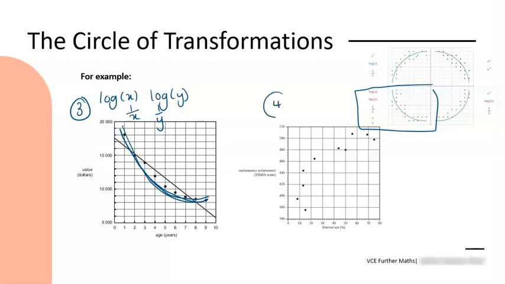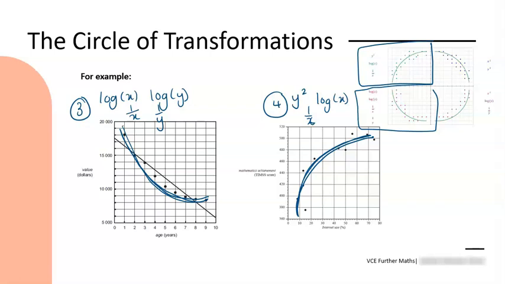And finally, the fourth one here, we have curving up, so much like the second quadrant, where our options are y squared, log of y, or 1 on x. Sorry, that should be a log of x and a 1 on x, reciprocal of x.